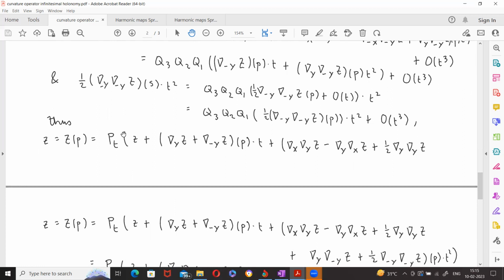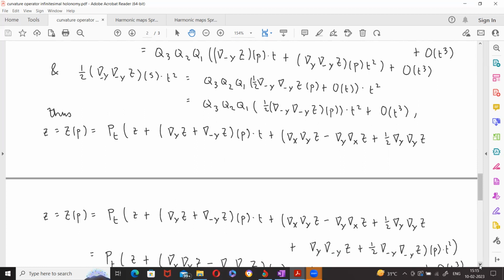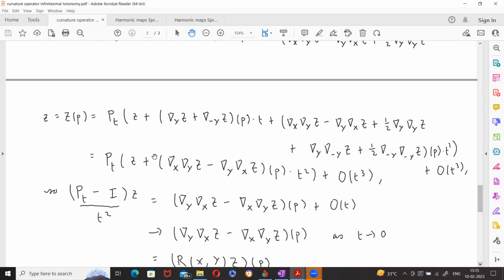And finally you get that z at p becomes my parallel transport pt applied to little z plus some first order terms which cancel. And then the second order terms cancel except for this nabla x nabla y z minus nabla y nabla x z.